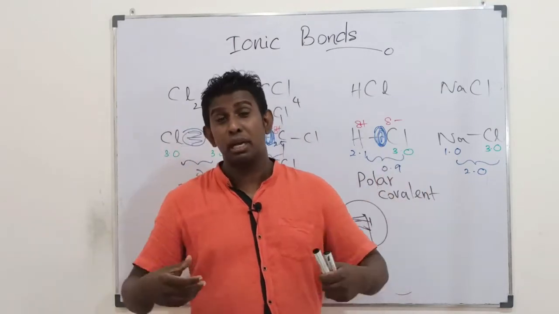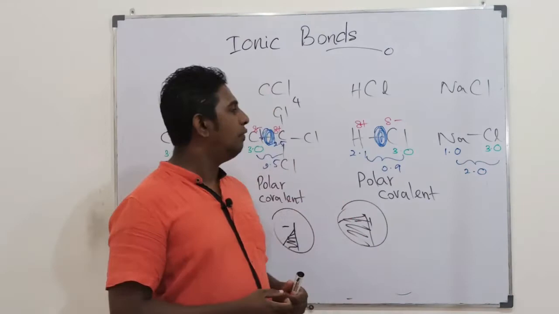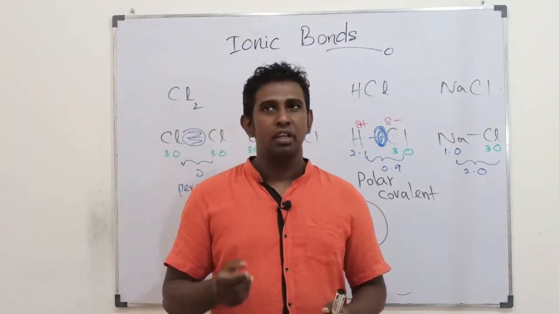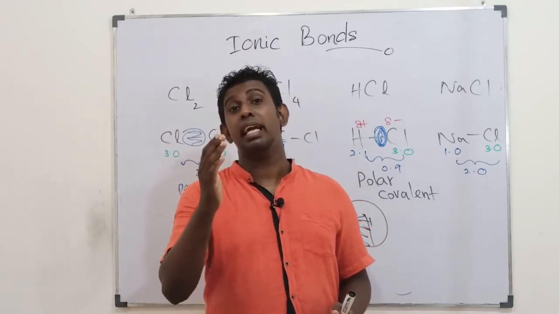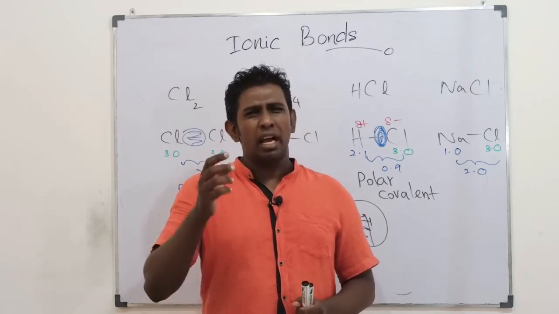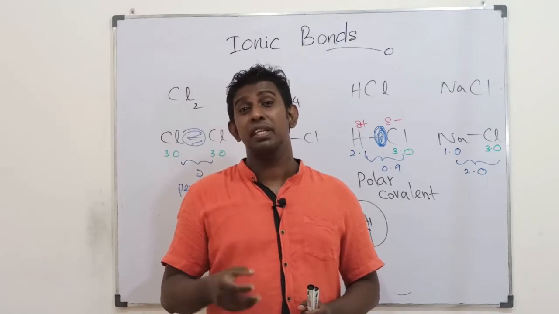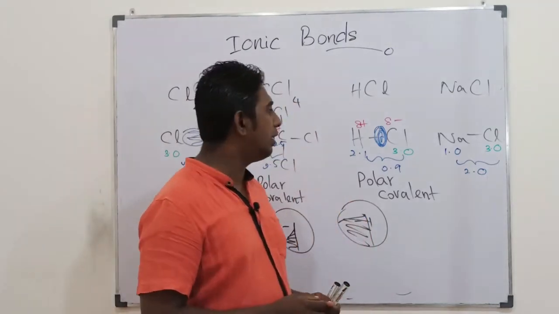Without the support of environment, it could be said that when the electronegativity difference is 2.0, it would reach 50% covalent and 50% ionic character. After further increase of this electronegativity difference, it would fully separate into two ions.